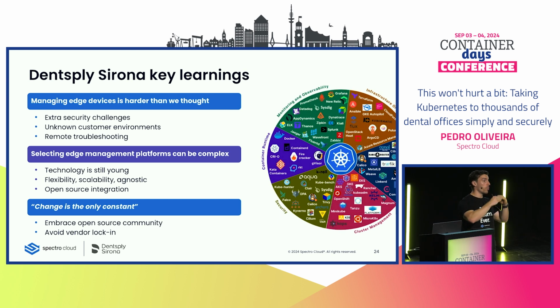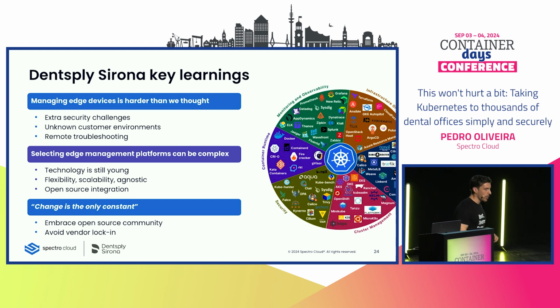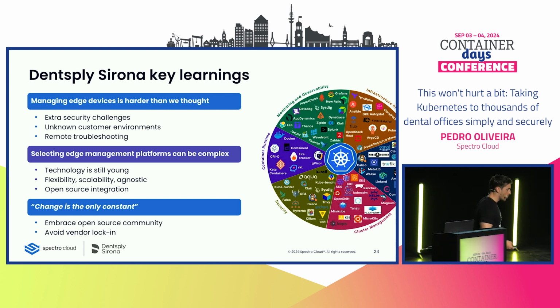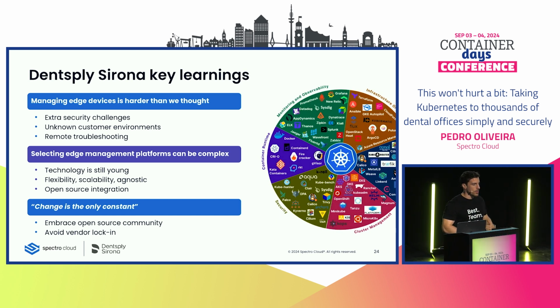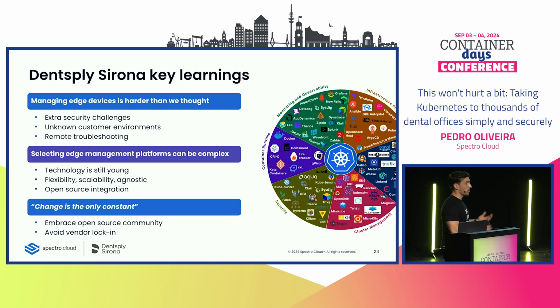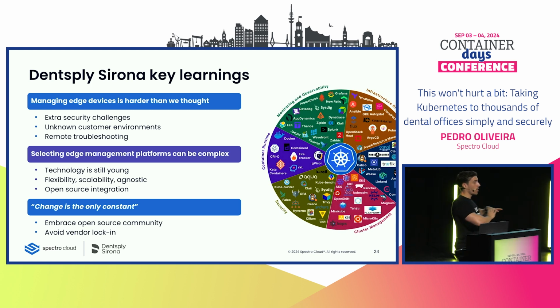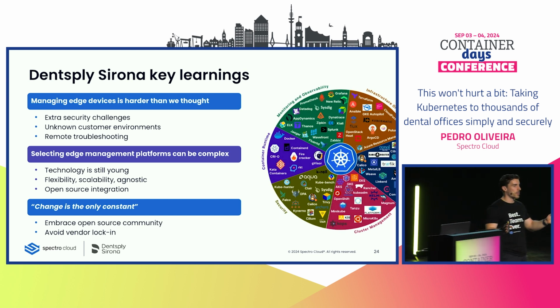And then if you want to use that with your container images on top of Kubernetes, that was some of the challenges that we went through, and we were able to figure out with Dentsply, as I mentioned. And remote troubleshooting, again, like I said, it's prohibitive to be shipping all these different devices, all these different field engineers to 3,000 different practices if things start to go wrong.